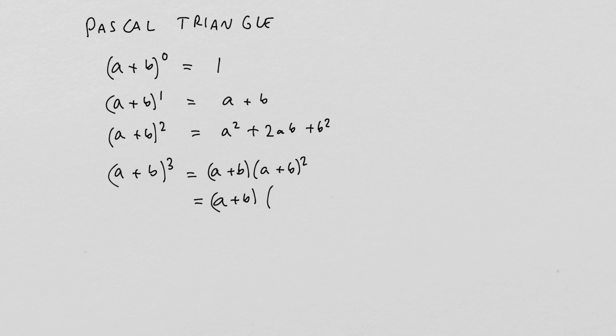It is a squared plus 2ab plus b squared. If we multiply all the things in the second group with a, we would get a to power 3 plus 2a squared b plus ab squared.